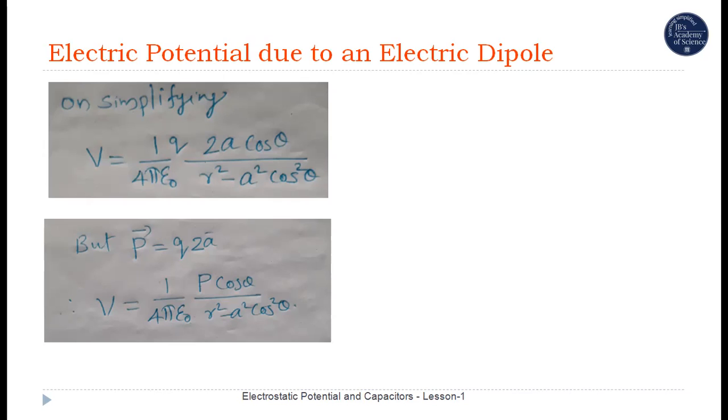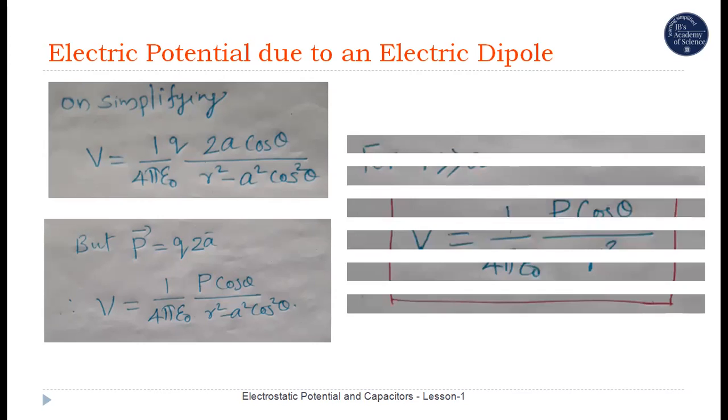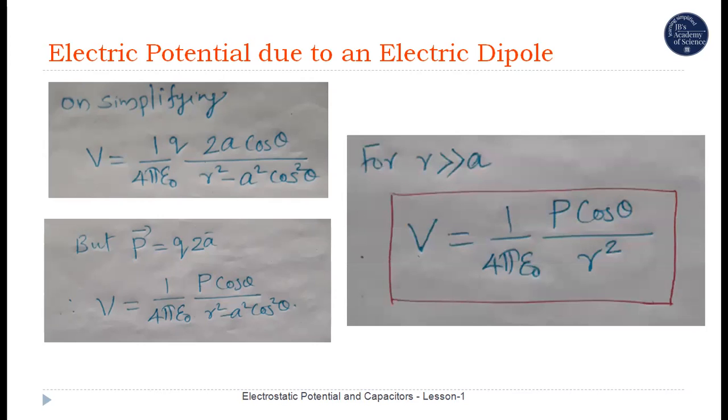But we know that the dipole moment P is equal to Q into 2A. So Q into 2A we can replace with P. This equation becomes V is equal to 1 by 4 pi epsilon 0 P cos theta divided by R square minus A square cos square theta. For R much larger than A, R square minus A square cos square theta is nearly equal to R square. So V is equal to 1 by 4 pi epsilon 0 P cos theta divided by R square.